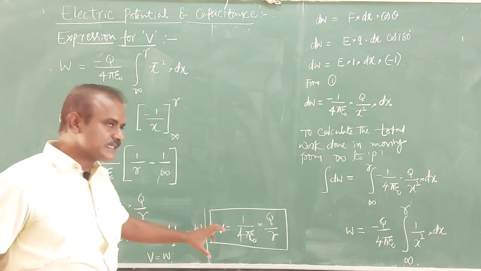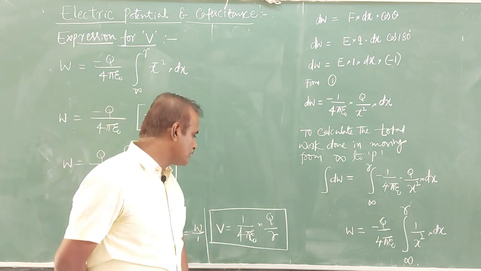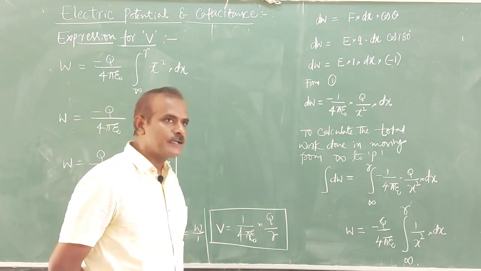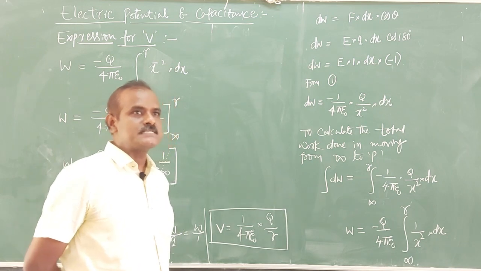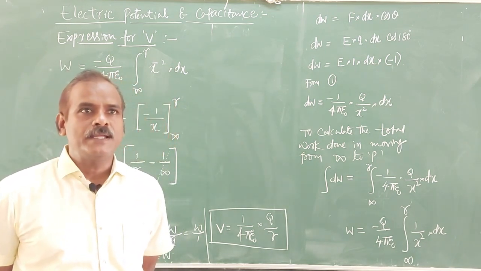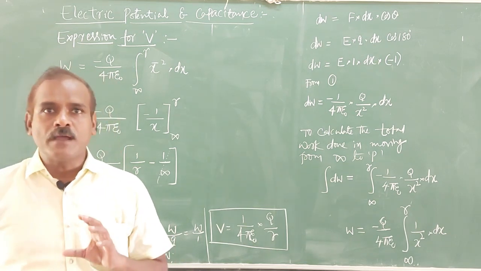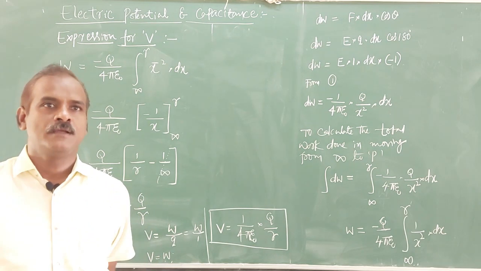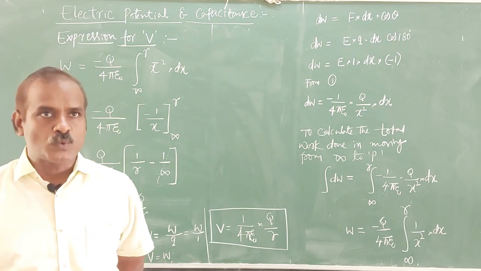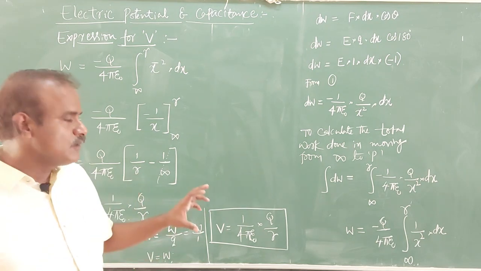Look, you compare this with the field intensity, it would be 1 by 4 pi epsilon naught, as you know, Q divided by R square. Now this is Q divided by R, otherwise it is Q divided by R square for electric intensity. This is Q by R for electric potential. Q divided by R square for intensity and Q divided by R for potential.